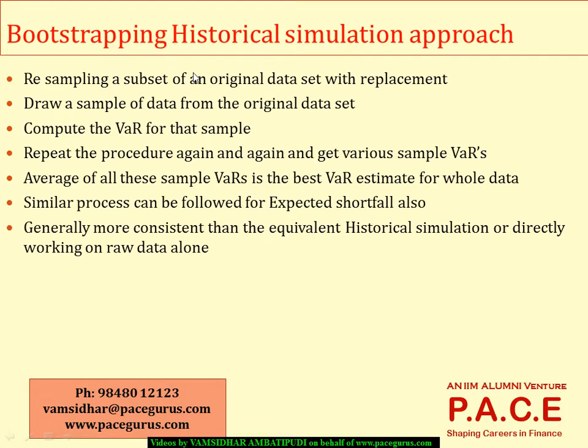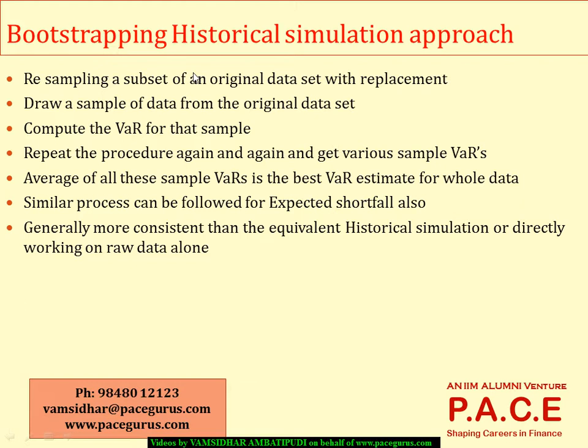One such approach is bootstrapping of the historical simulation. Historical simulation is where we pull out the values from the historical data, arrange them in ascending order, and pull out the (n plus 1) times alpha-th element. This is what we have looked at earlier.